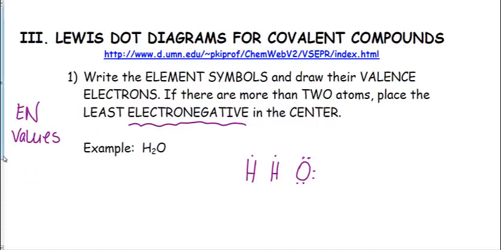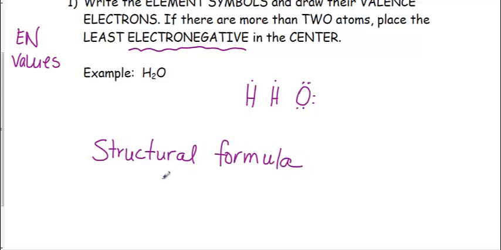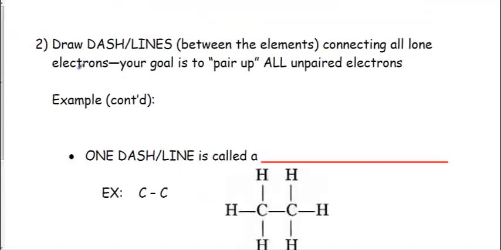after we do this, what would be the second step obviously, is to basically illustrate this through a structural formula. And we use dashes for that. So for step 2, we'll draw dashes or lines between the elements connecting all lone electrons.